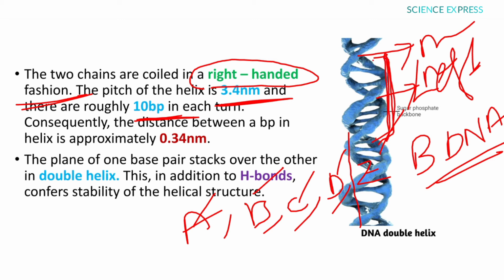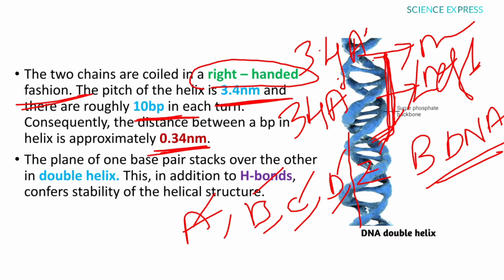In this turn, the length of DNA is 3.4 nanometers, or we can call it 34 Angstrom. In the case of B-DNA, there are 10 base pairs present in the 34 Angstrom. So the distance between two base pairs is 3.4 Angstrom, or about 0.34 nanometer.